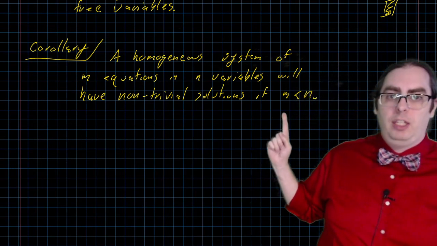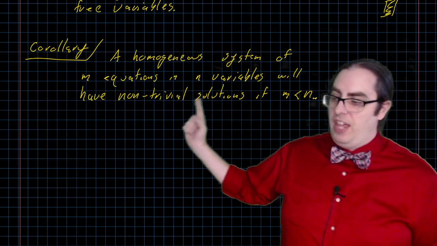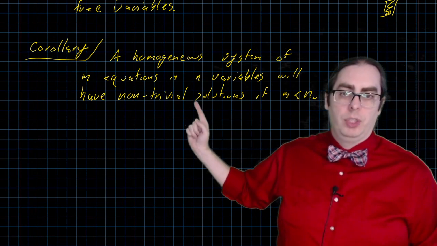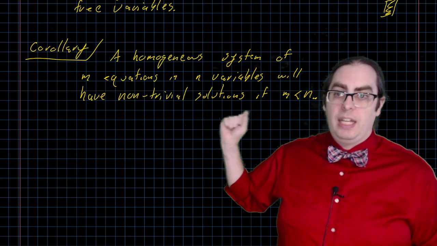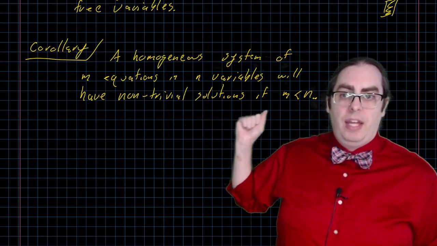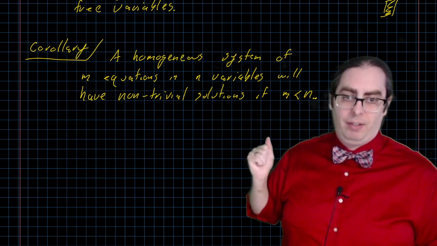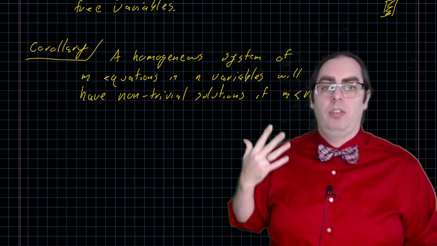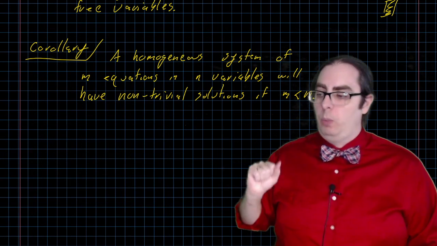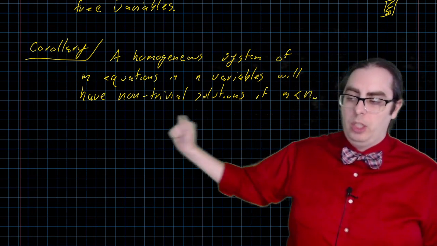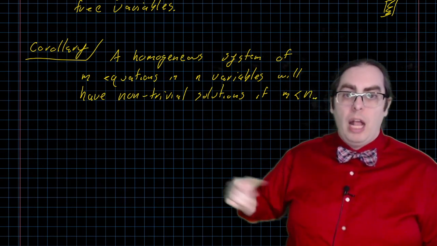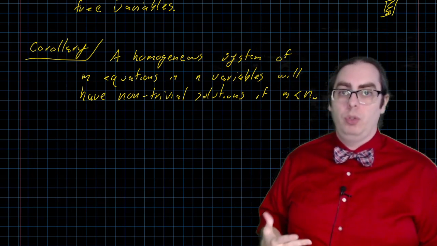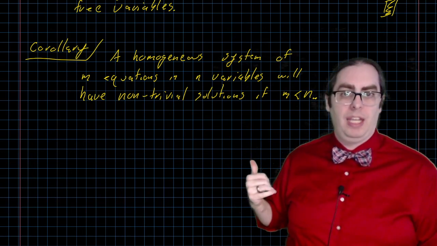If this inequality is true, then there are non-trivial solutions. That doesn't mean that it is necessary for m to be less than n. It is only sufficient. When we know that m is less than n, we know we have non-trivial solutions. There could be non-trivial solutions even when this is not the case.